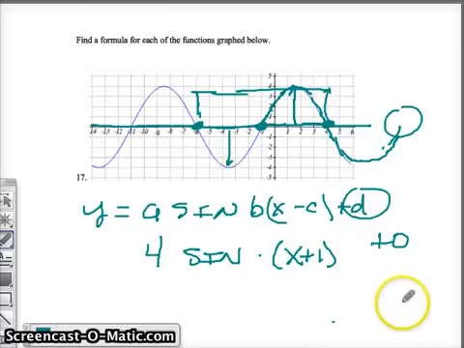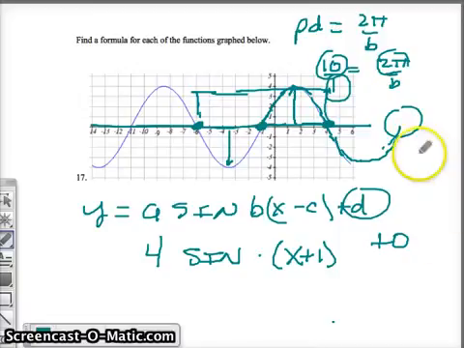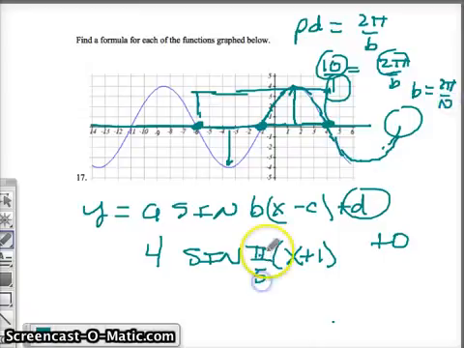You're right, 10. So 10 is the length of one wave. Let's do that again. The period is equal to 2 pi over b. The period was 10. The shortcut is just multiply these guys and divide by that guy. B is equal to 2 pi over 10, or pi over 5. That's what goes there. It's a little tricky, but that's a good problem.